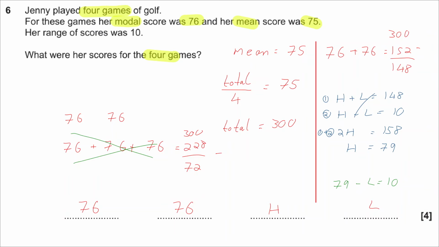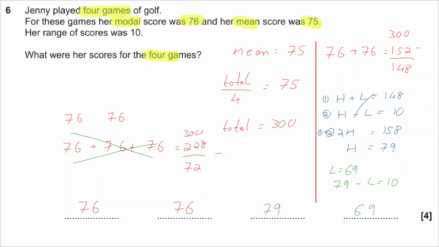So your lowest value must be 69. There we go. Now we can replace these guys here. The highest value was 79 and the lowest value was 69. Put it in there, and there we go.